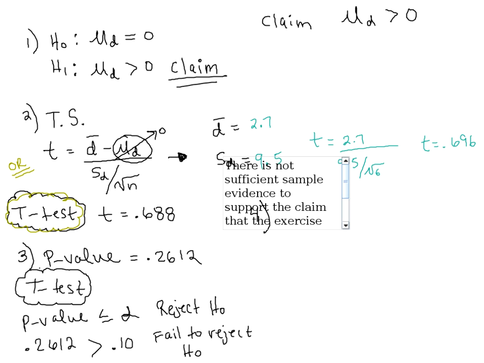The only thing I have here to warn you about is that if you use the formula for your test statistic and if you use your calculator for your test statistic, they will not match up. So you want to make sure you write down what it was that you did to come up with your test statistic. You're going to have to play around with that on the homework.